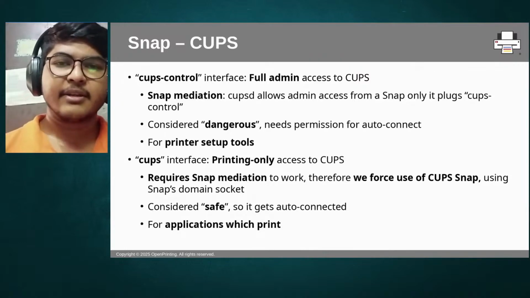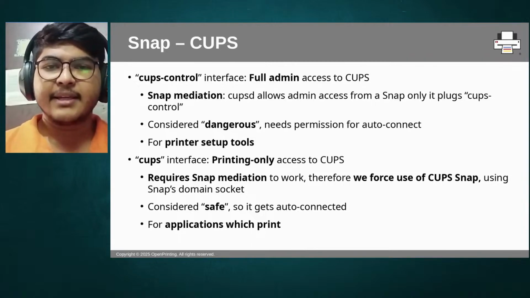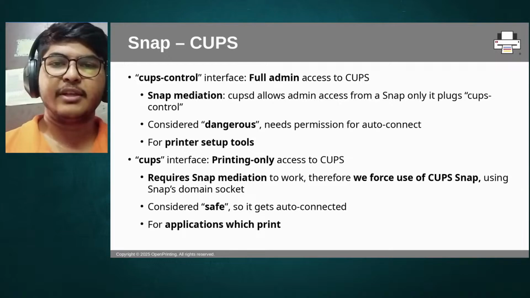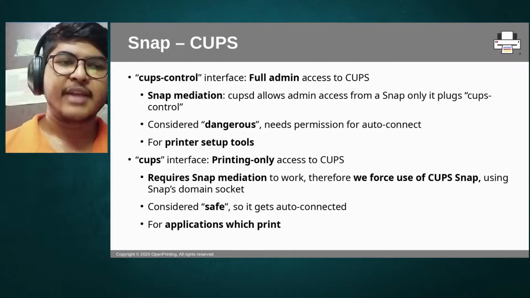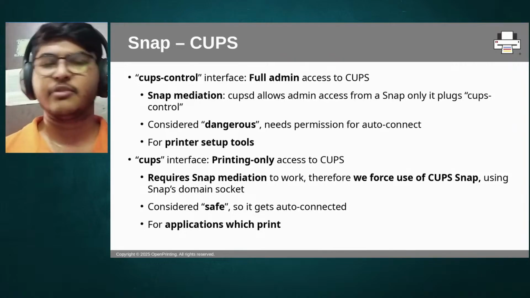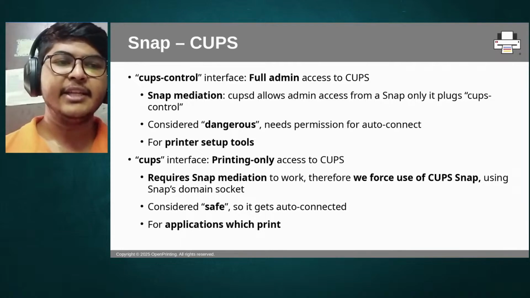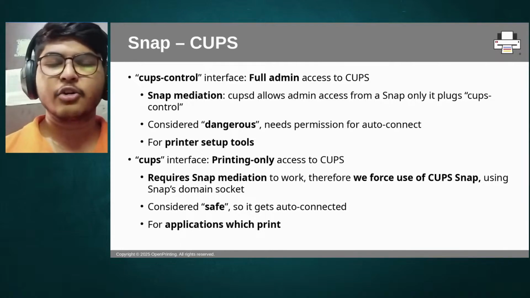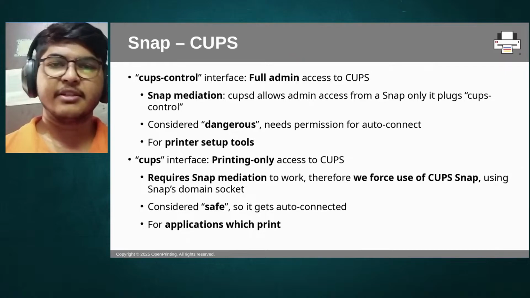This plug is considered dangerous because it has the capability of doing destructive things in your system. So it will not be auto connected whenever a snap uses this plug, and the auto-connect permission needs to be requested in the Snapcraft forum.